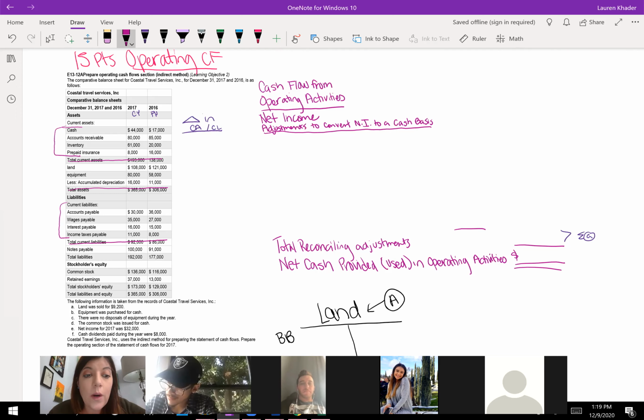Net income for 2017, the current year, is $32,000. Cash dividends paid during the year were $8,000. Coastal Travel Services uses the indirect method for preparing the statement of cash flows. Prepare the operating section of the statement of cash flows. A lot of that supplemental information that was given will not be used.